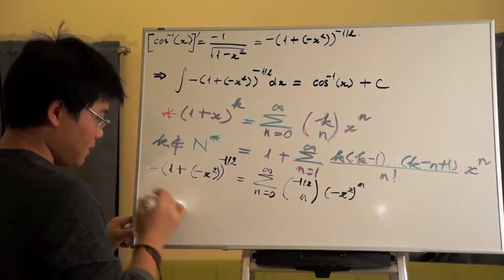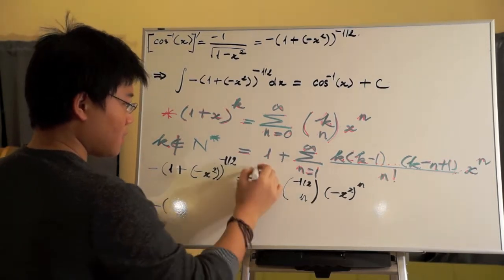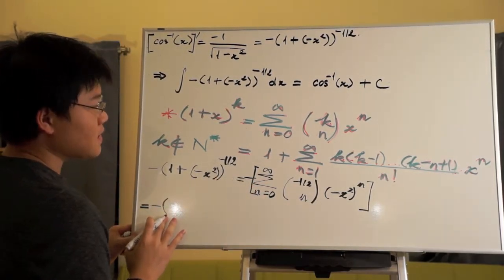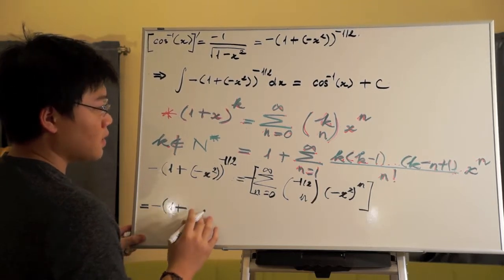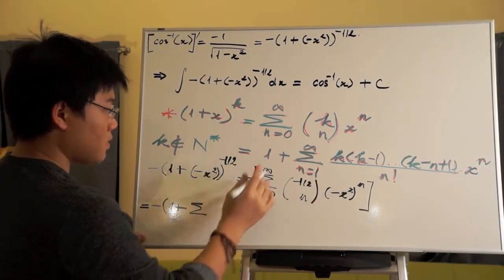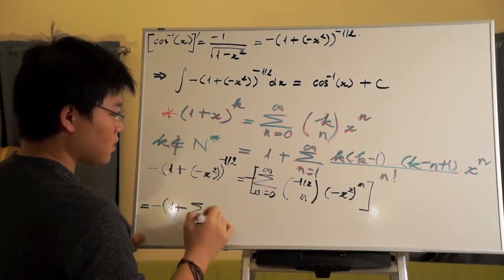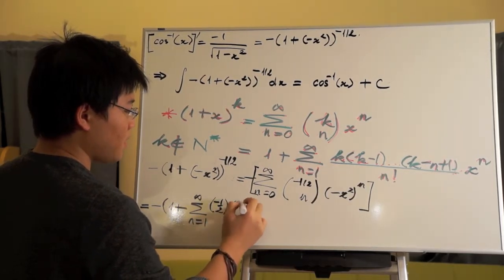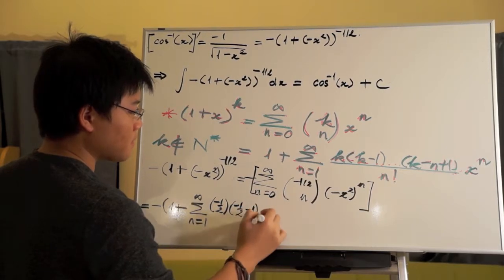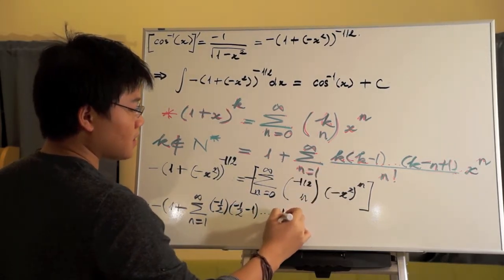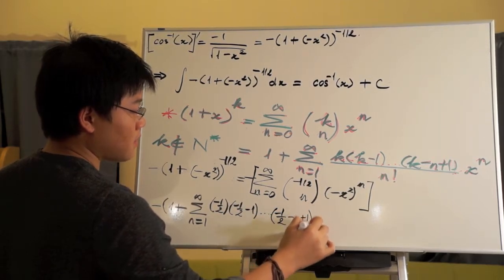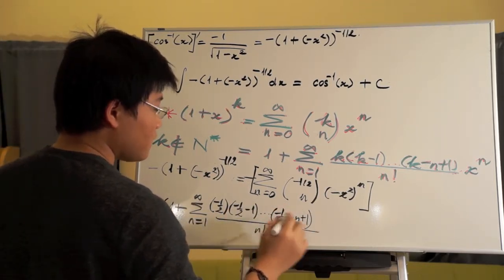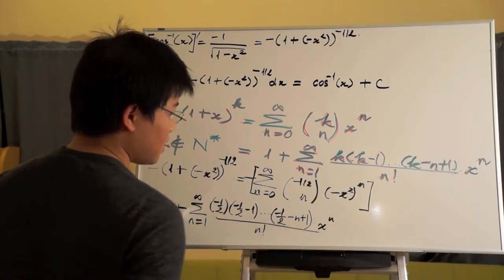So minus parentheses 1 plus the sum from n equals 1 to infinity, where k is minus 1/2, so minus 1/2 times minus 1/2 minus 1 times dot dot dot times minus 1/2 minus n plus 1, over n factorial, times minus x squared to the n.